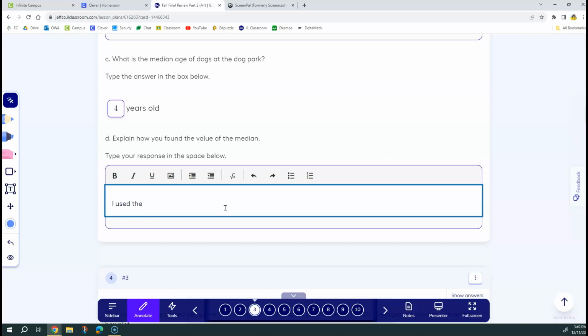I used the dot plot since it's in order from least to greatest.